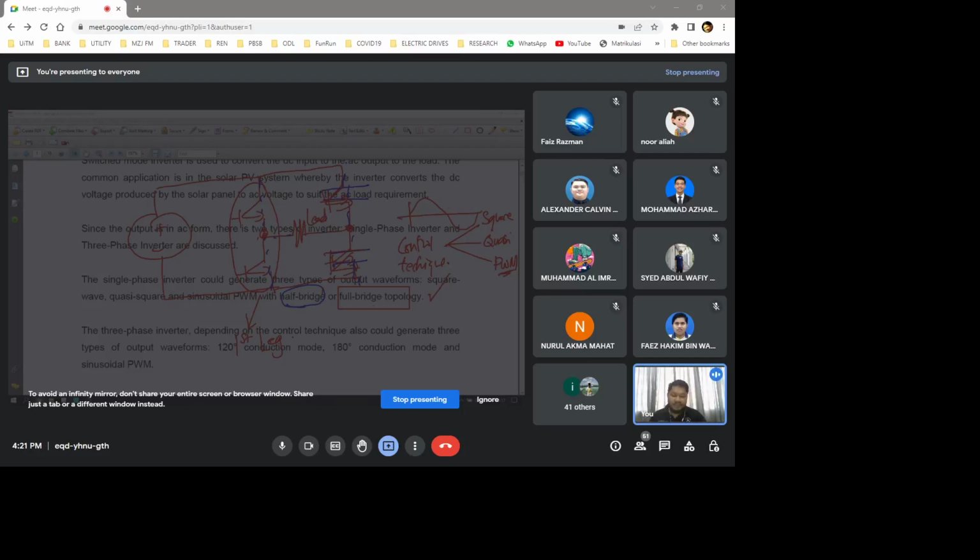So this is single phase inverter. What about the three phase?